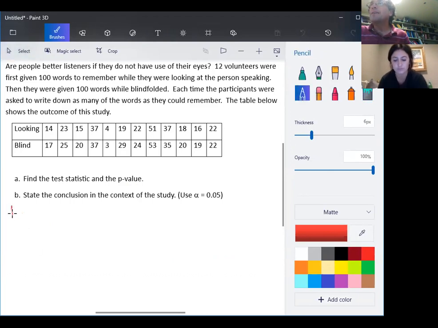So we're going to have H naught, and this is going to look different than before. Before we would have said mu L equals mu B, right? Here we're going to say mu sub D equals 0. What do you think D stands for?